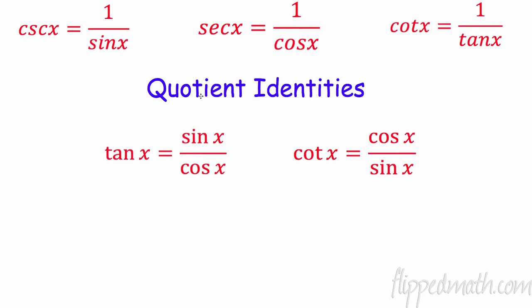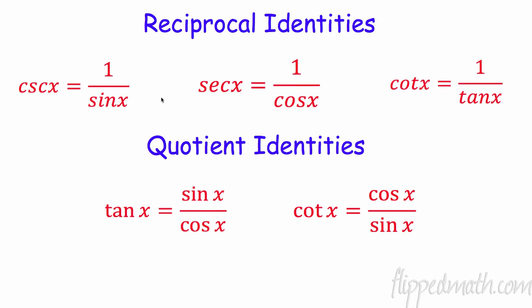First of all, these are the trig identities, and you should know all these. Cosecant x is the same as 1 over sine x. Secant x is the same as 1 over cosine x. The easy way to remember that is that sine and cosine, secant and cosecant, they're both c and s, but they're opposite. Cotangent x is just 1 over tangent x.